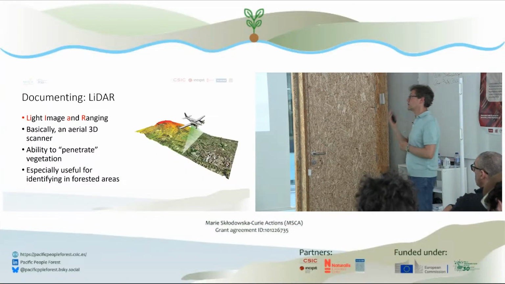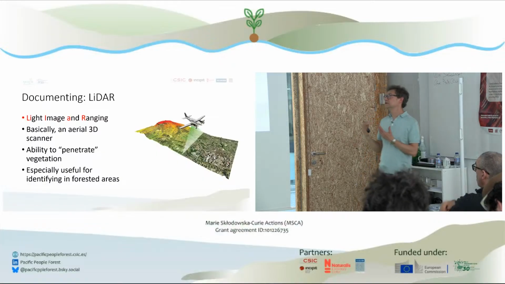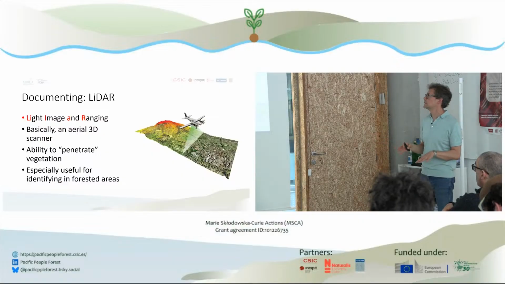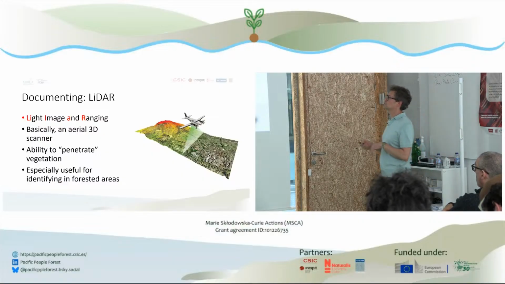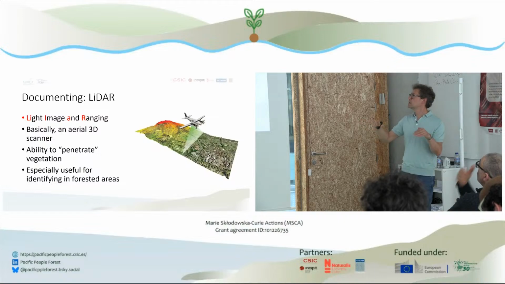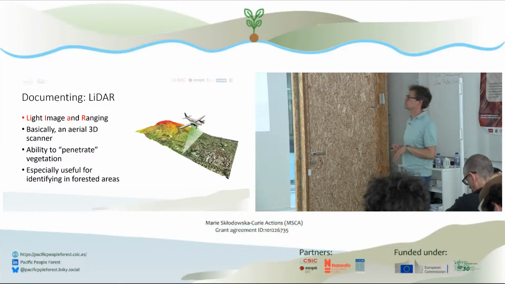The good thing about LiDAR, especially when compared to photogrammetry, is that LiDAR has an ability to penetrate vegetation in a way. I won't go into this detail, but with LiDAR you can not only document the surface of things as you look at them from the air, but also, in some cases, what is lying beneath those things.